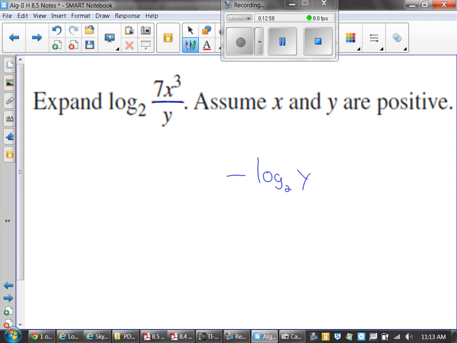Now, in the numerator, we have multiplication, so there are two things we have to add together. We have the log base 2 of 7 plus the log base 2 of x cubed. Is there another rule here?